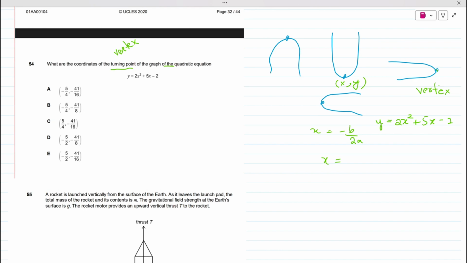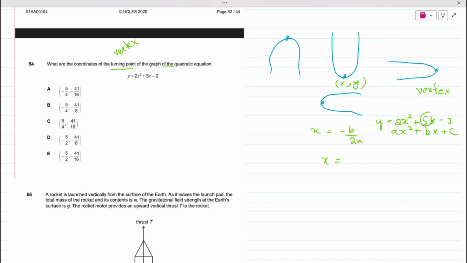What the b value is, if I compare this equation with our original equation, which is ax square plus bx minus c. This is the original equation that we have, okay? So we just have to find the b value from here, right? The b value is 5 right here.